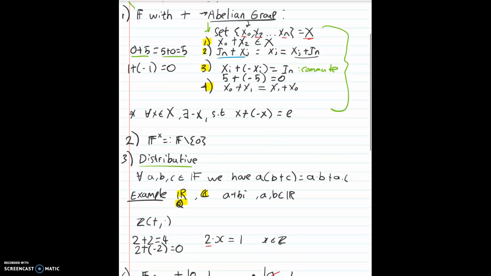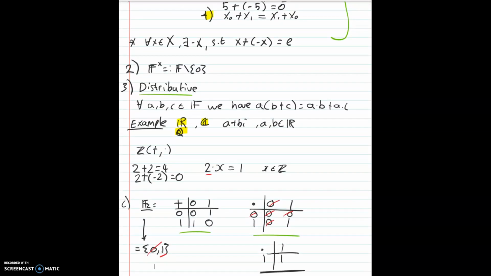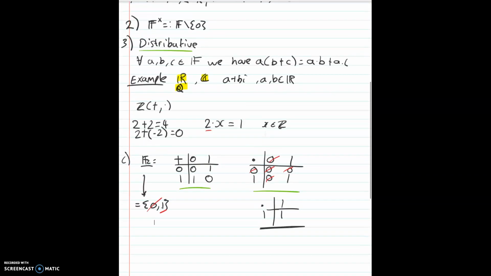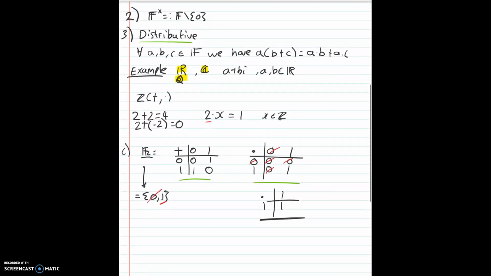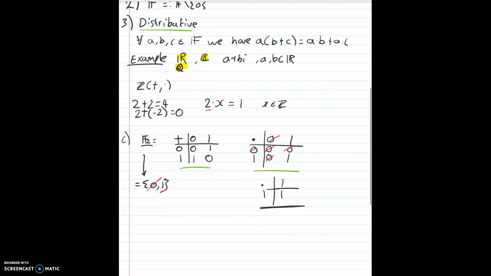And we needed our field to be commutative, which means it doesn't matter what order you do the addition. So 5 plus 4 is the same as 4 plus 5. We also said that when you take out 0, our field must obey the rules under multiplication, which is the normal multiplication, and it must also be distributive, which means a times (b plus c) is a times b plus a times c.